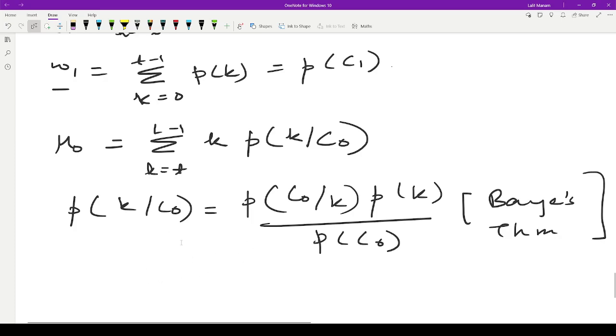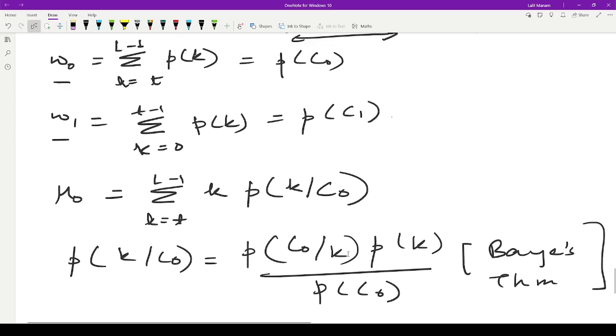Okay, so can anyone say what we can say about the probability of class 0 given intensity value k for mu naught?